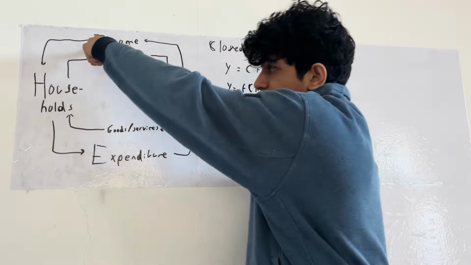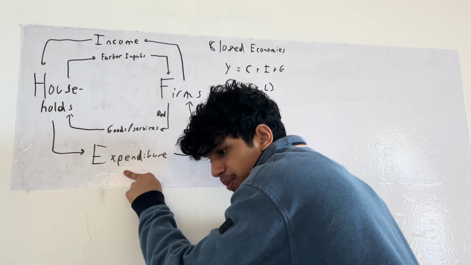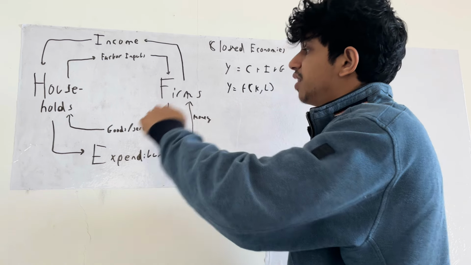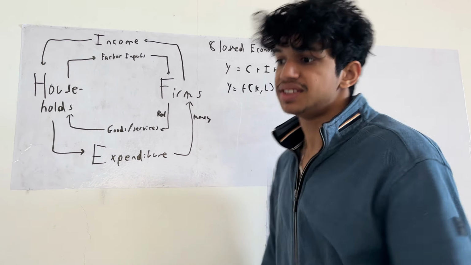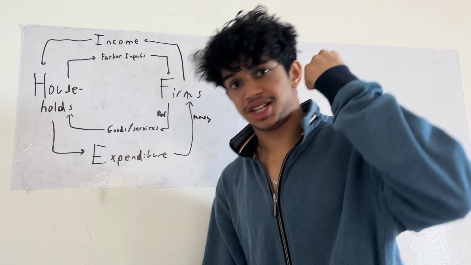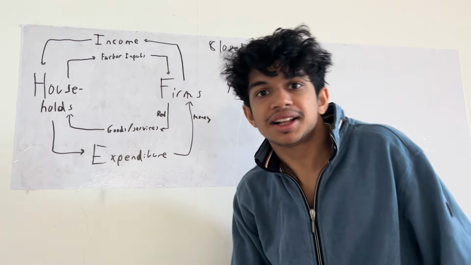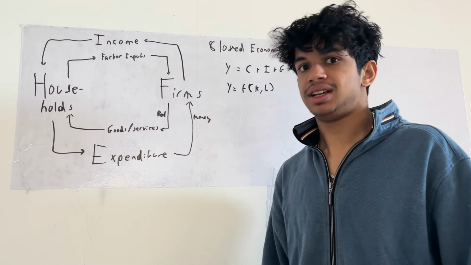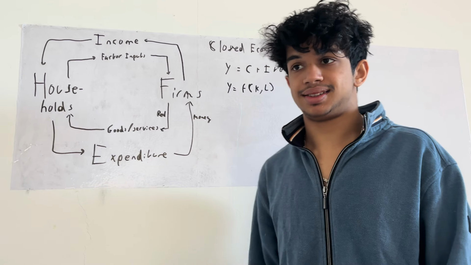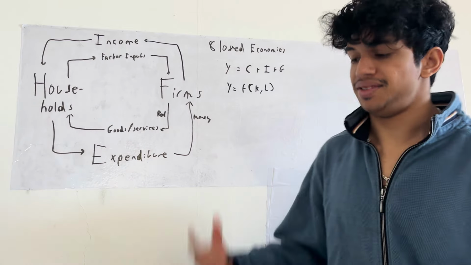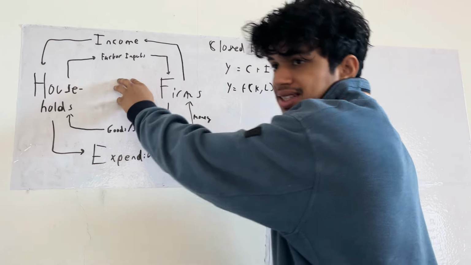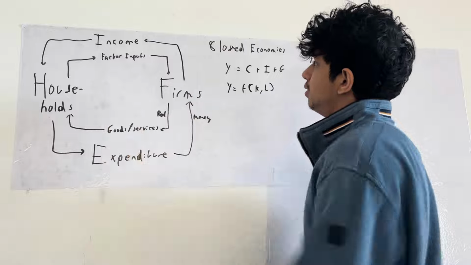Well, income must be equal to expenditure, and it must be equal to the value of the goods and services, which is why we can calculate GDP in 3 ways. This is the model that explains why we calculate GDP in 3 different ways. This is the model that explains, well, everything. So this is why it's a key macroeconomic model right here.